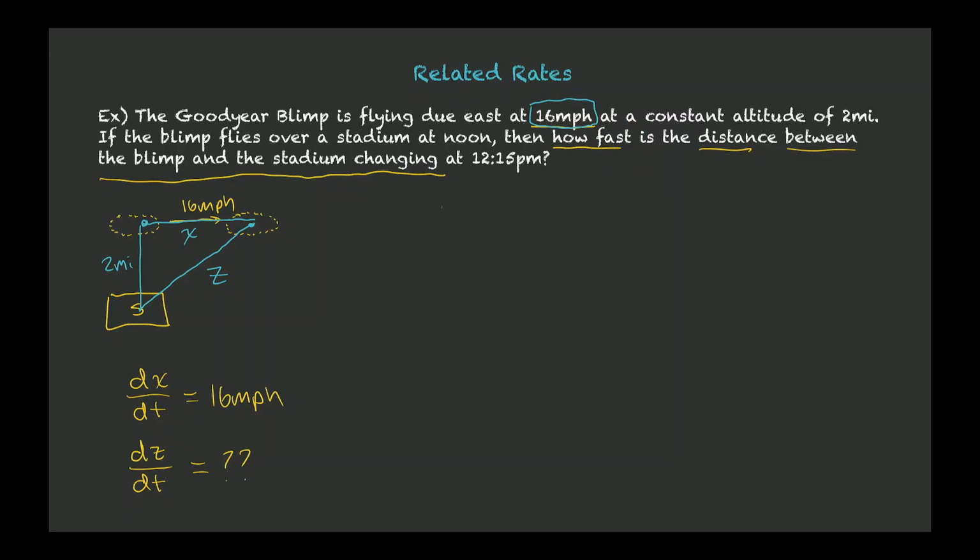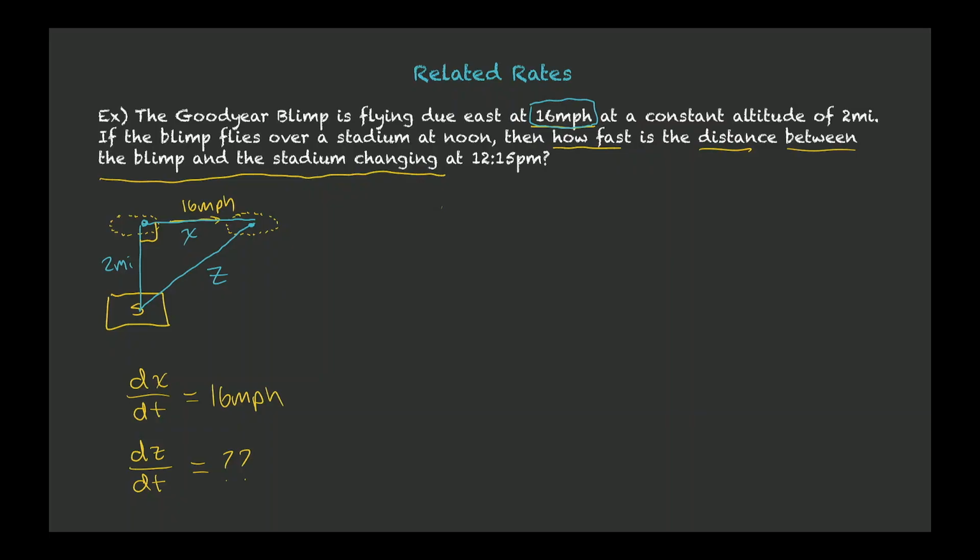So what I want to do is find a formula that relates these 2 variables together. Okay, now when you're talking about distance, there are typically 2 ways to do it. You can either use the distance formula if you're on the xy plane, which we're not, or you can typically use Pythagorean's formula. And in this case, there is a little right triangle formed by the blimp at noon, the blimp at 12:15, and the stadium.